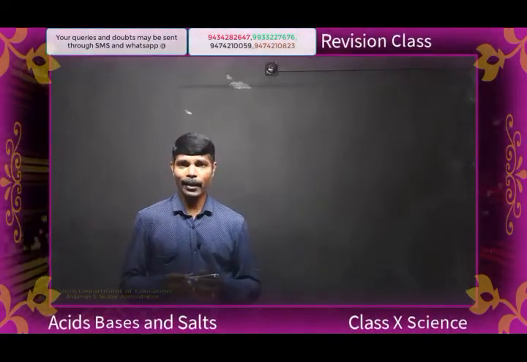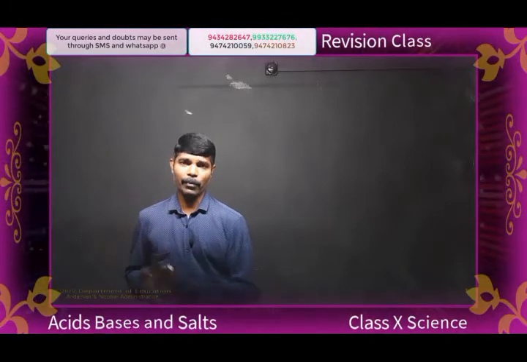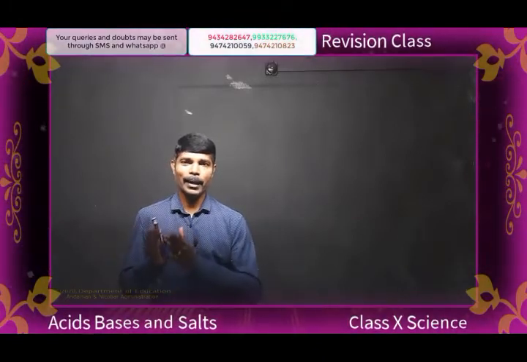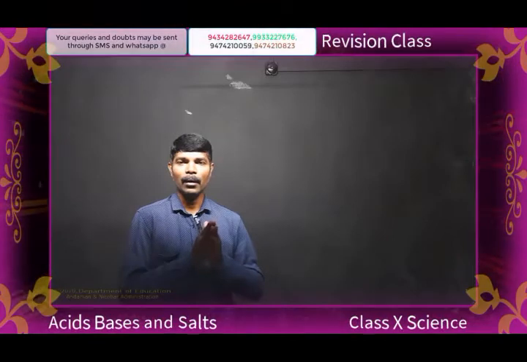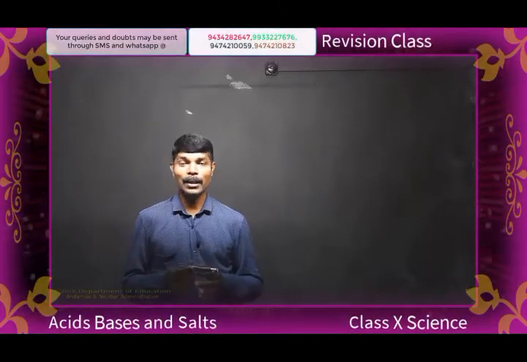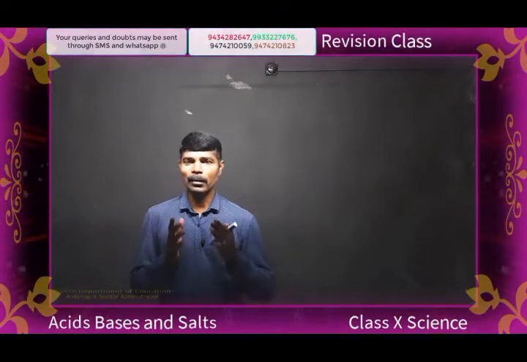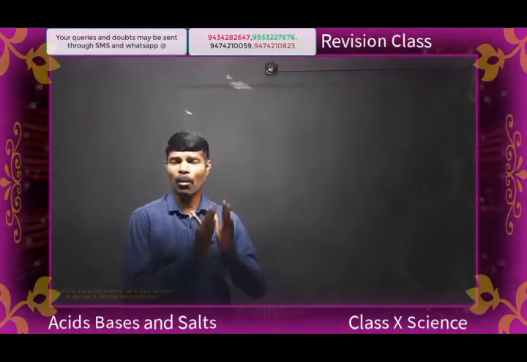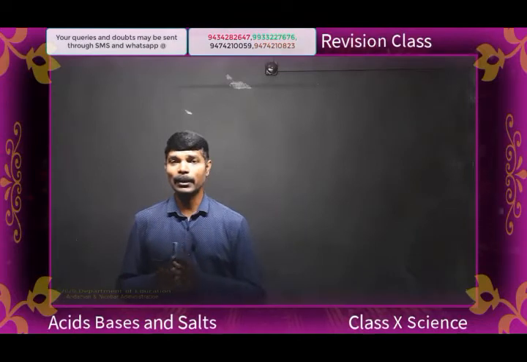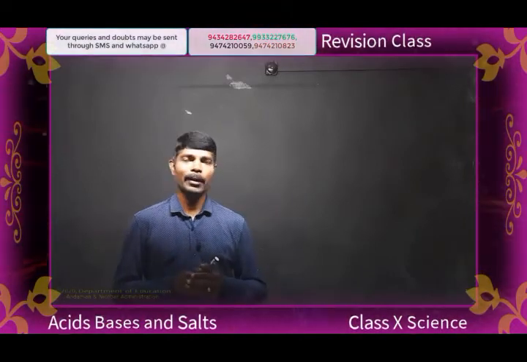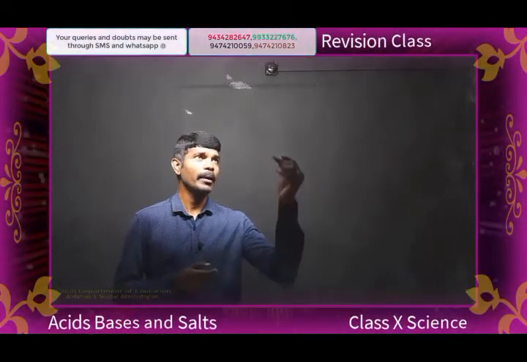In order to understand that, in the chemical properties what we have seen, when metals react with acid, then in all the cases we have seen hydrogen gas is evolved, right? So we can say that hydrogen is the common thing that all the acids have.